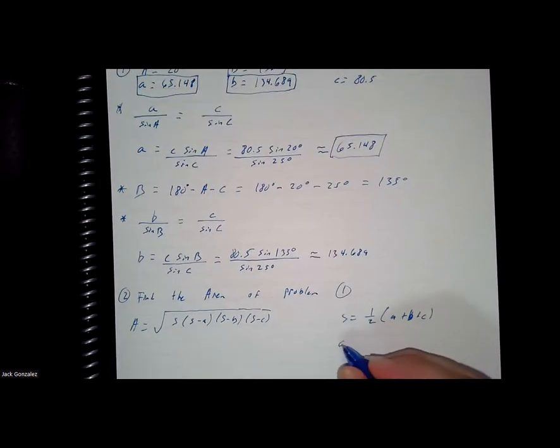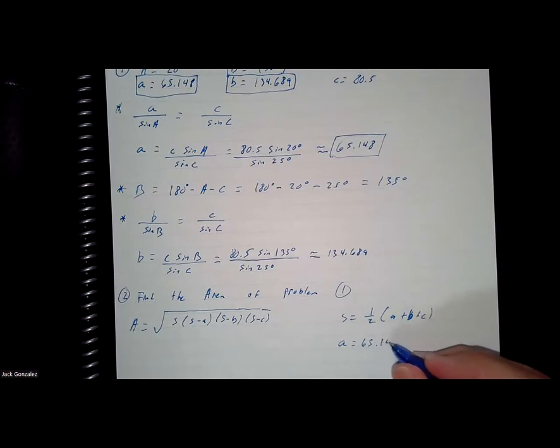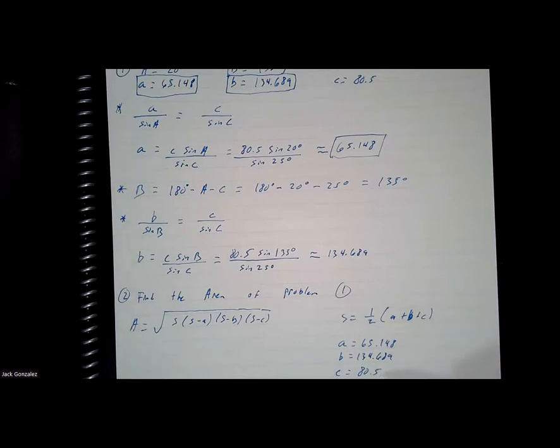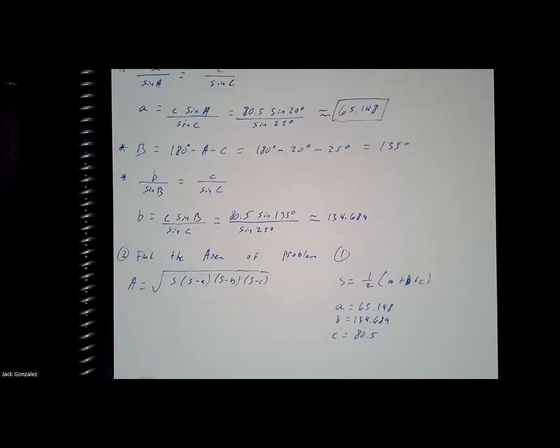A is equal to 65.148. B is 134.689. C is 80.5. Since this one has a single decimal point, I'm going to round to 1 for this part. Okay.